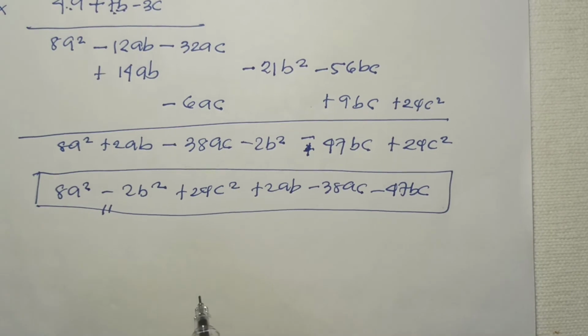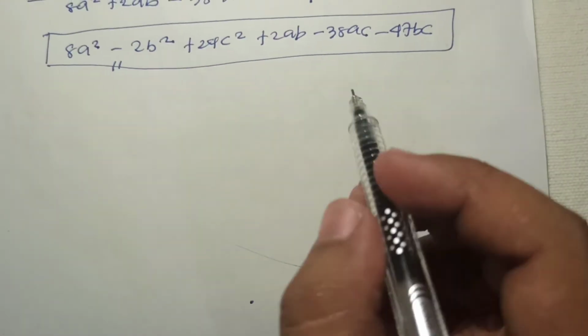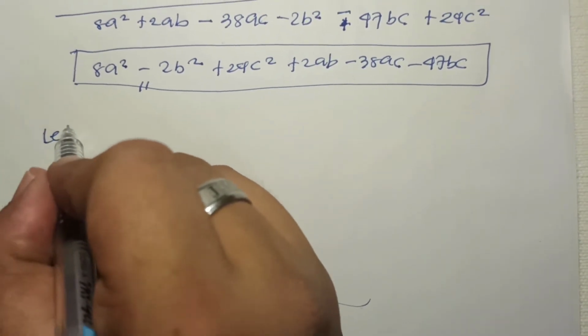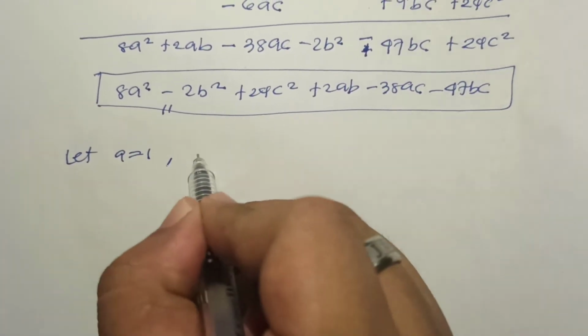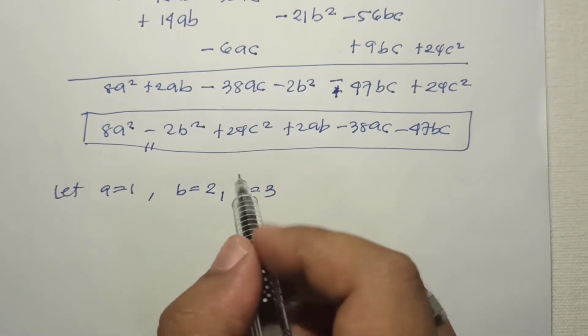So in checking, you can still check this part by substituting. So you're going to let a is equal to 1, b is equal to 2, and c is equal to 3.